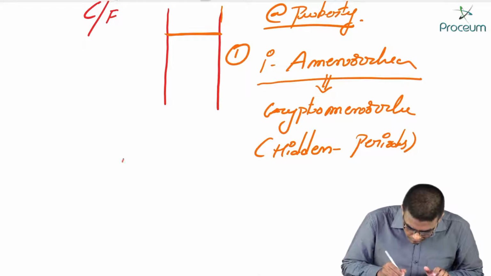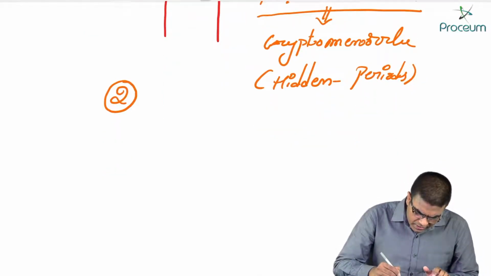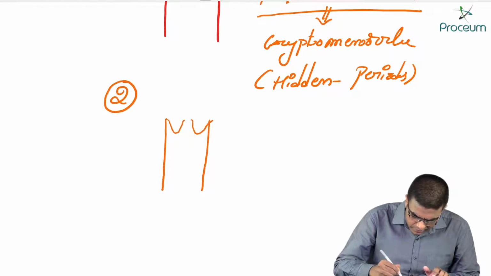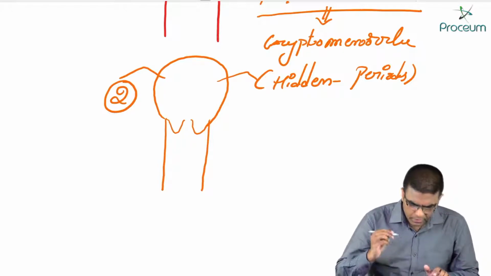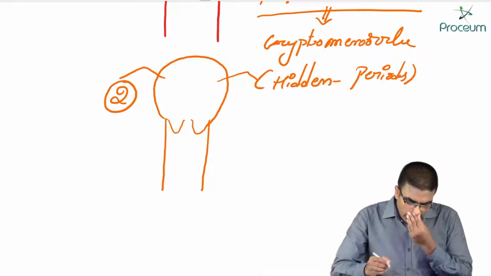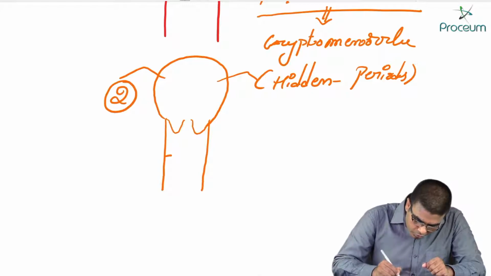Now, what are the other possibilities? If she is having such a septum, this is the vagina. Vagina is in connection with the cervix. I am showing this in a rough diagram, which is not anatomically correct. Here is our septum. Let me show you the septum with a different color.